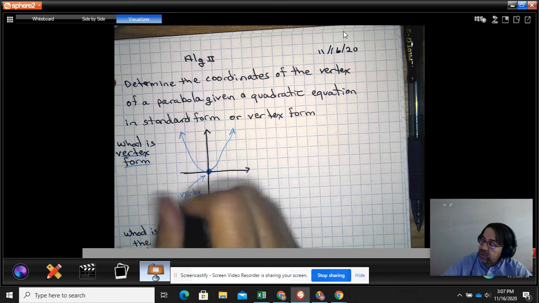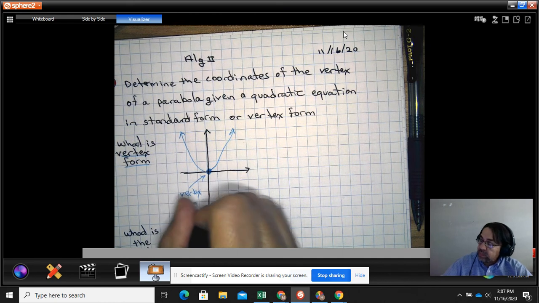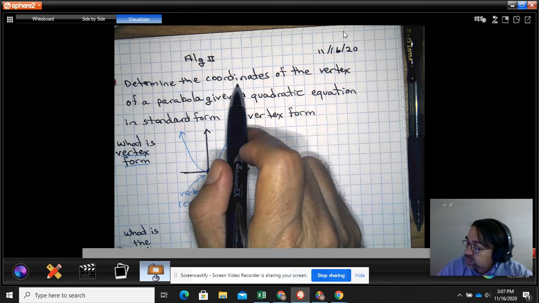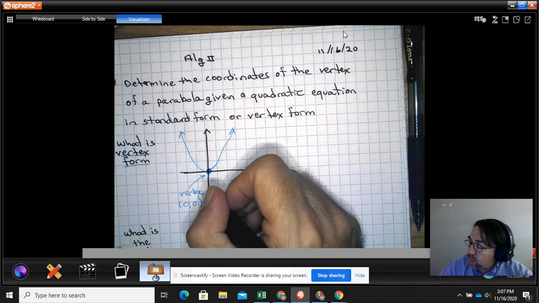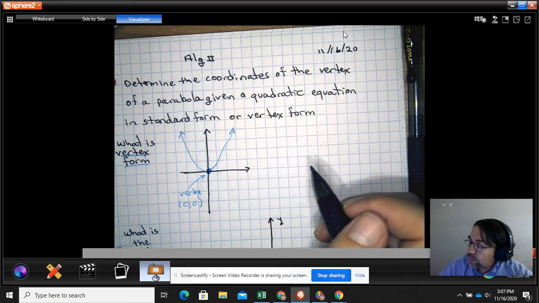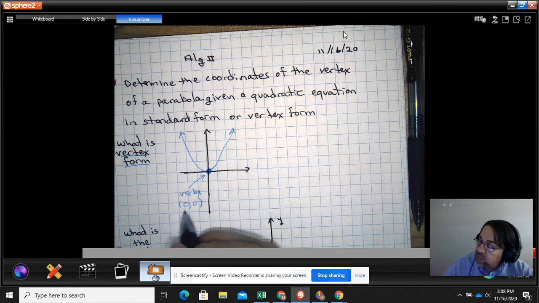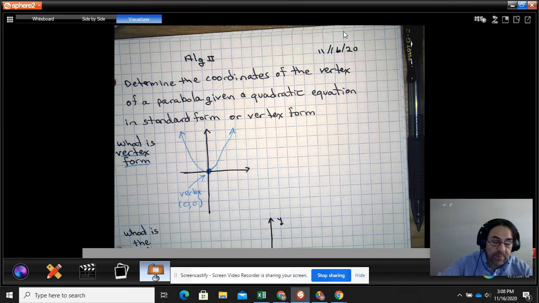That point 0, 0. That is why we're finding the coordinates of the vertex. We're finding the coordinates because they do have an x, y value.